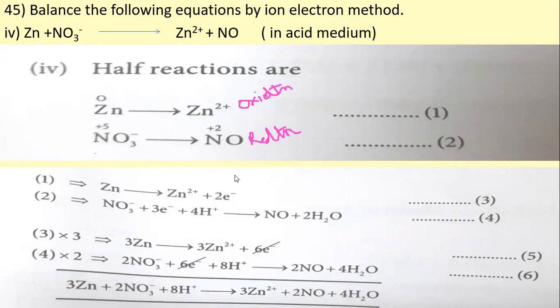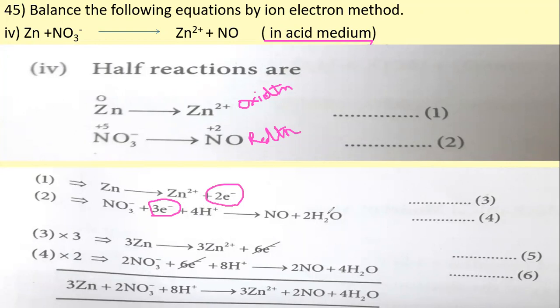So that only I have written here. Now in the second equation, there will be a gain of 3 electrons. And in the question they gave acid medium. We all know acid medium means H+ in the reactant side and water in the product side. That only I have written here.